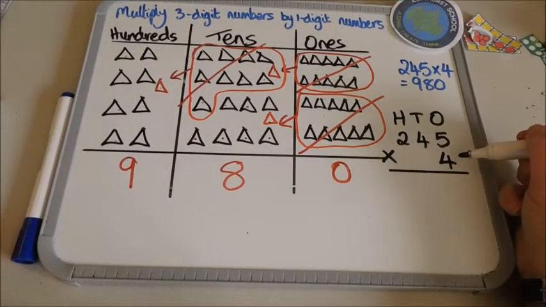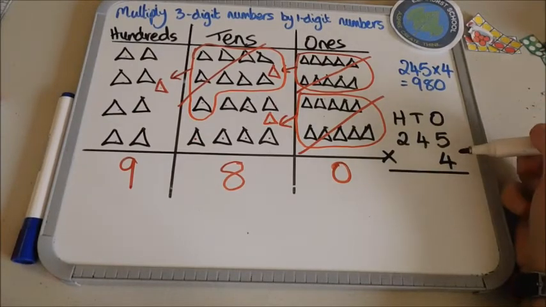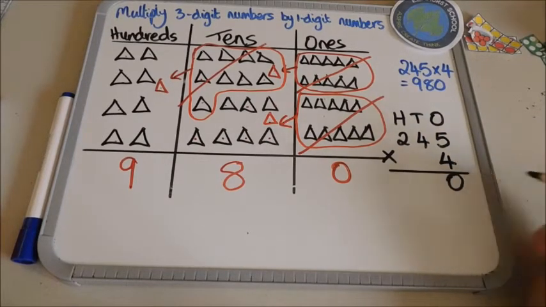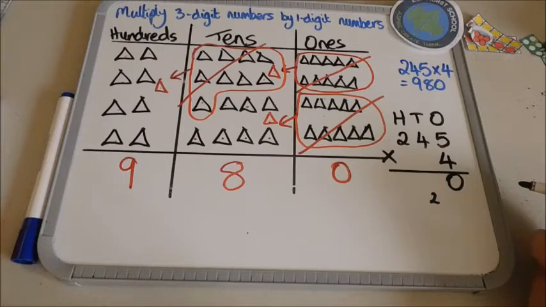So we start off in the smallest column. 4 lots of 5, 4 times 5 is 20. We write the 0 down from the 20, there's no 1s, and we carry the 2 because it's 2 tens.